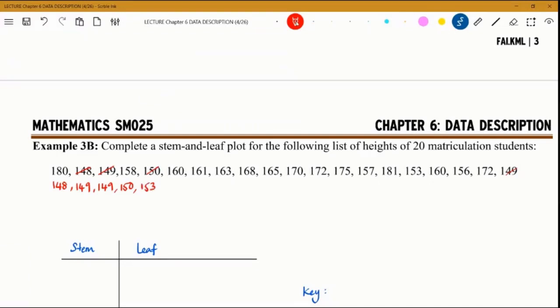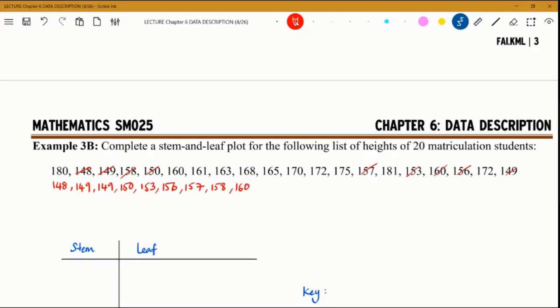153, which is here. And then we have 156, which is here. And then we have 157. It's here. And then we have 158, only once, and then 160, which is here.